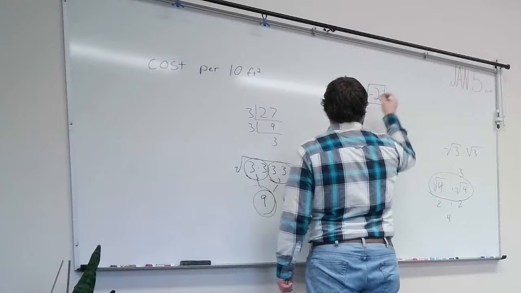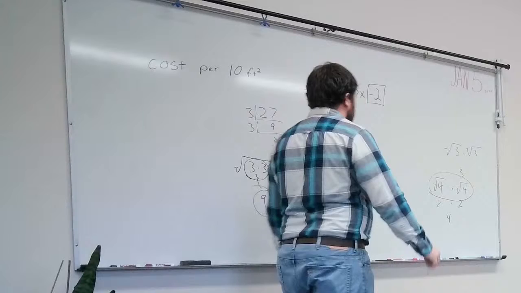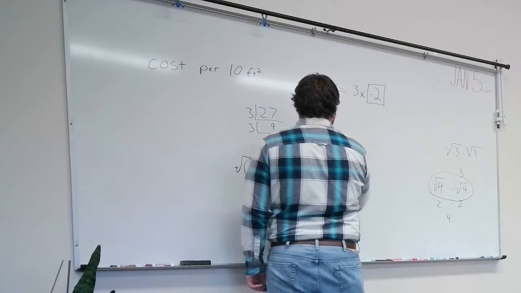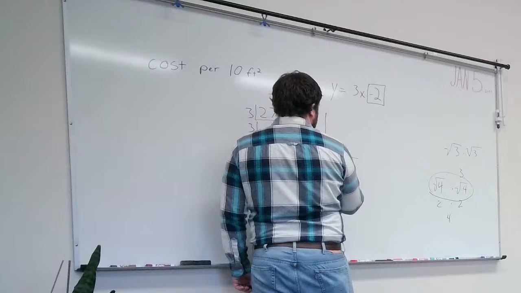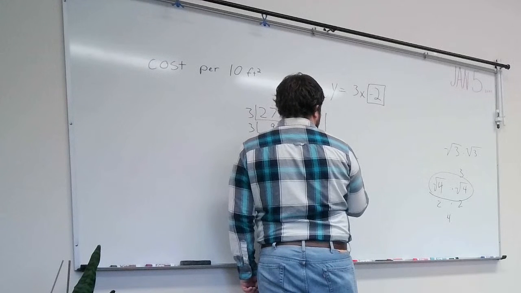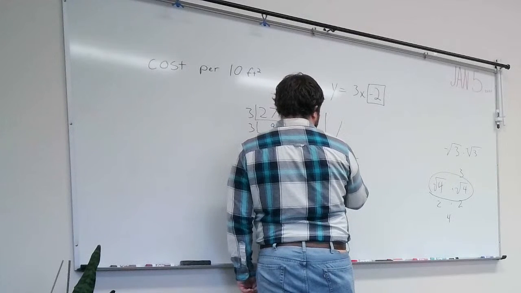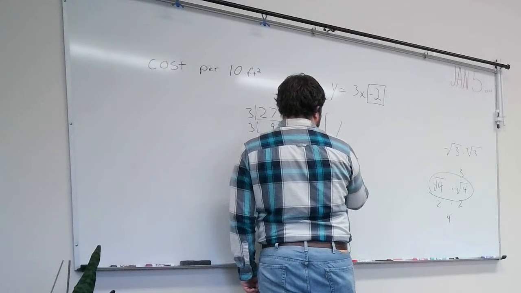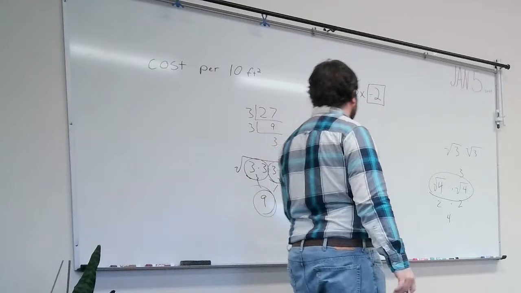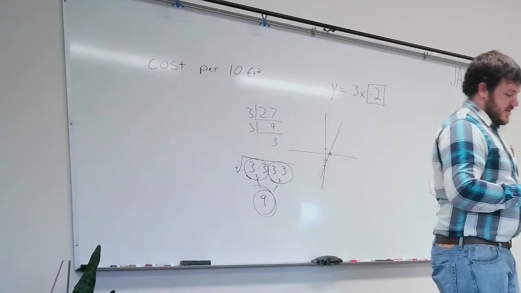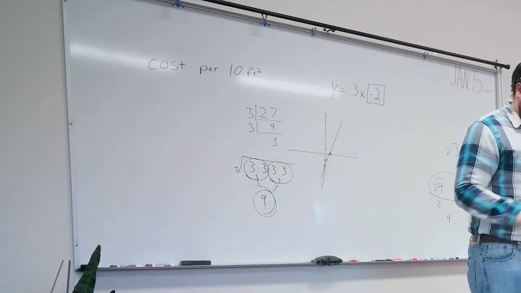And what's my slope? 3 over 5. Positive or negative slope? So I can go up 3 and over 1. Right. All right. Good. Those are fun because they're easy.